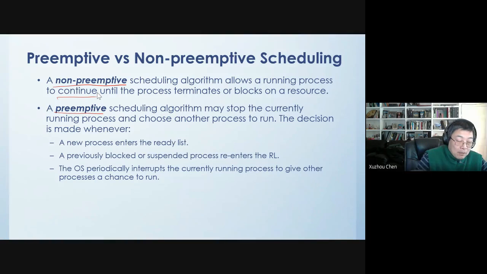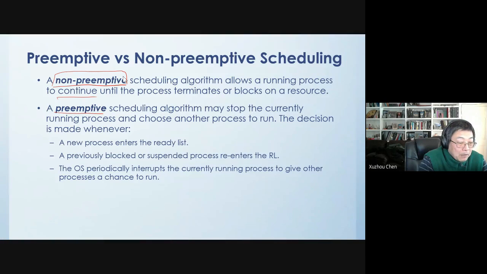And then the short-term scheduler says, okay, the current process is not using the CPU anymore, so I'm going to pick the next one. So that's non-preemptive. It's basically on a voluntary basis. Now with preemptive scheduling, the scheduler really has a key.